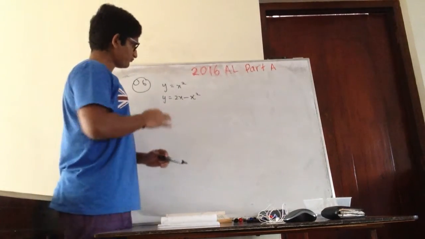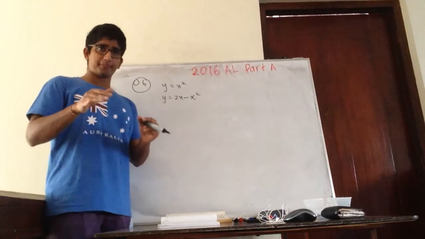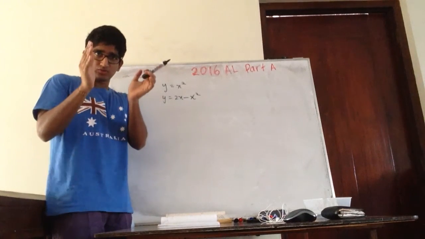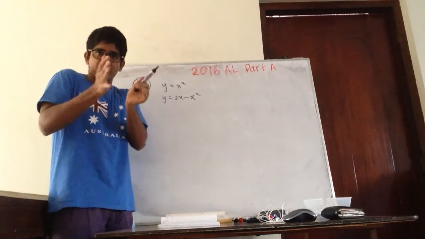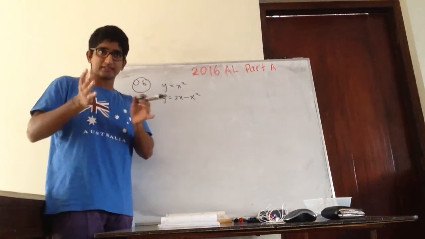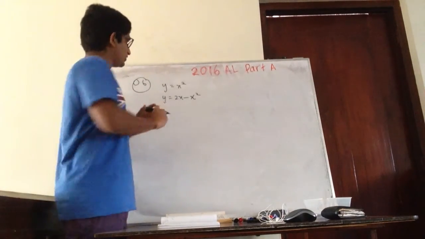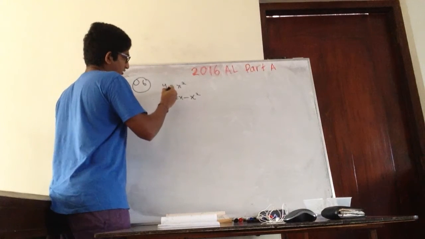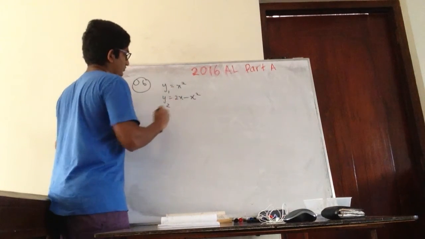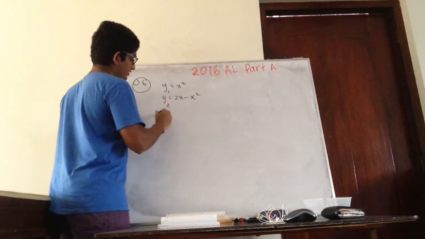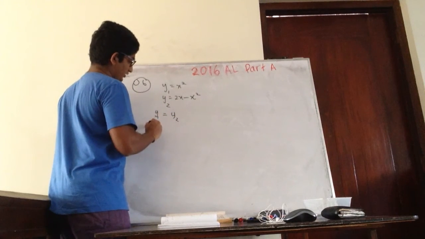So in order to do that, we need to know between which points these two are intersecting. For that you all need to equate these two. So I am going to consider this as y1 and y2. So now y1 is equal to y2.